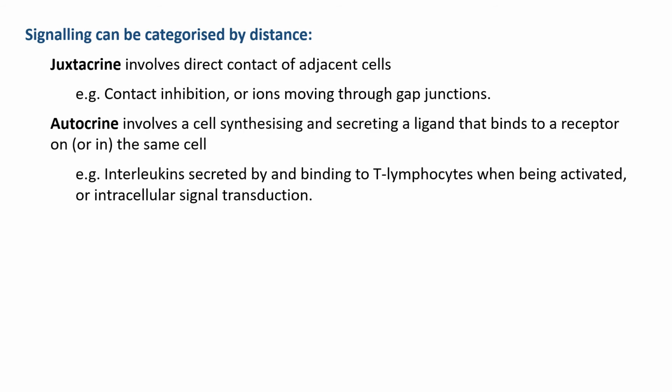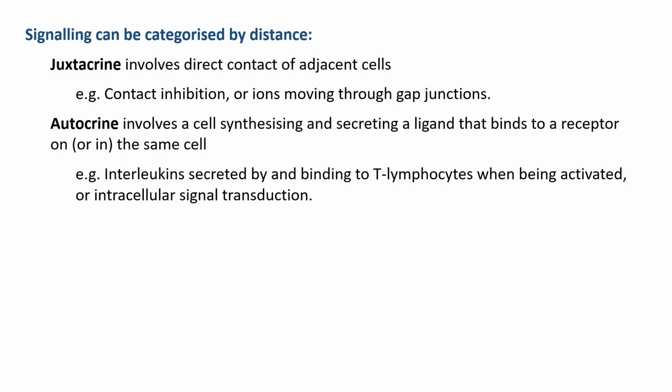Autocrine is quite funky. This involves a cell synthesizing and secreting a ligand that then binds to a receptor on or in the same cell. So the chemical is not going to any other cell, it is being used on that cell that synthesized it. An example of this that we'll talk about when we talk about immunology is interleukins.